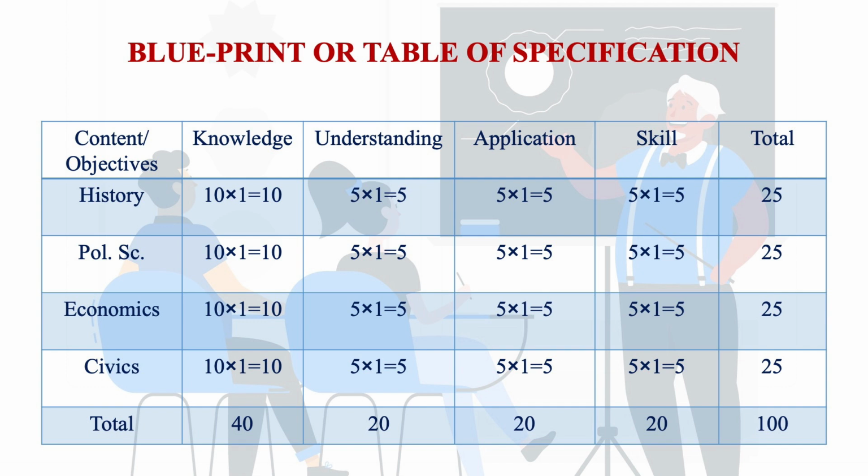Then for understanding level questions from history, you have to write 5 questions as per the weightage. Accordingly you have to write 100 questions: from history 25, political science 25, economics 25 and civics 25. Again from the knowledge area 40 questions, understanding area 20 questions, and application and skill areas 20 questions each.